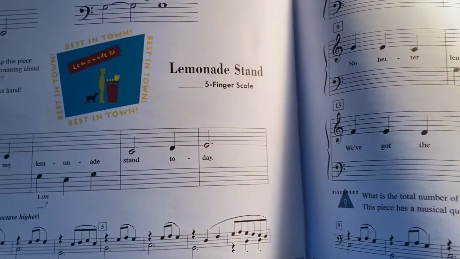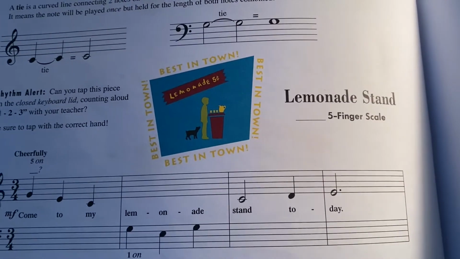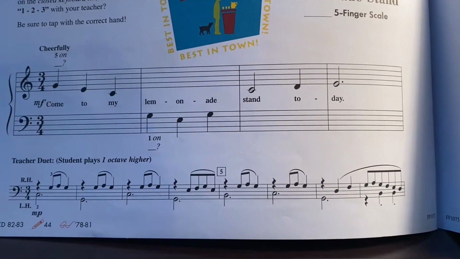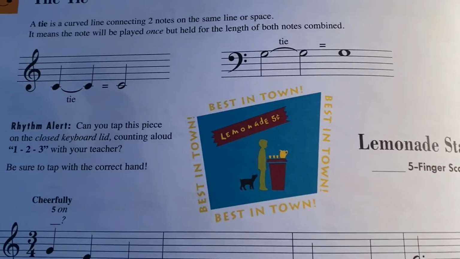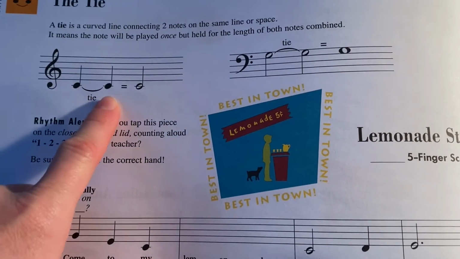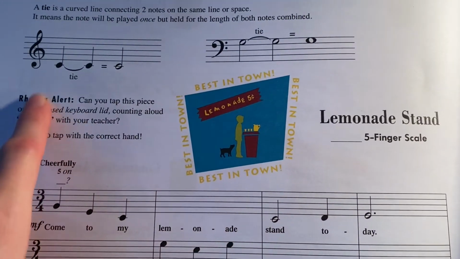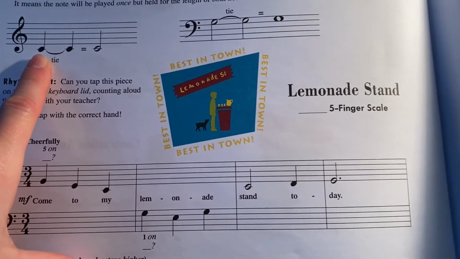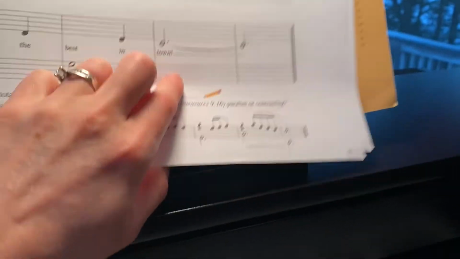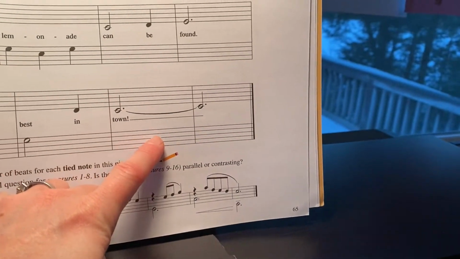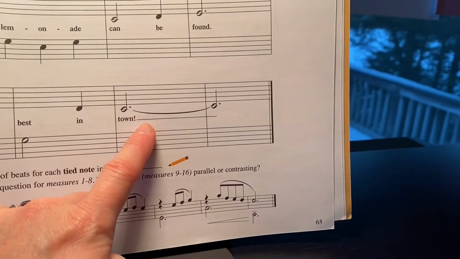And our next song is the Lemonade Stand. So the thing that we're learning today that's brand new is what's called a tie. To better explain this, I'm going to take you over here to the last measures of the song, on page 65.